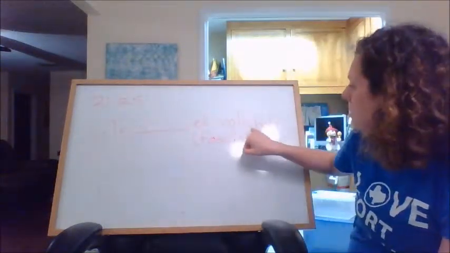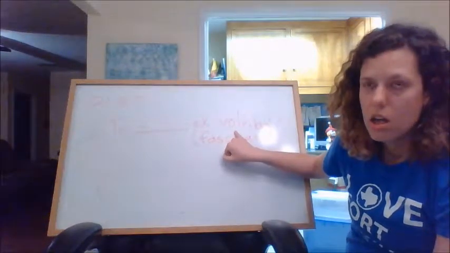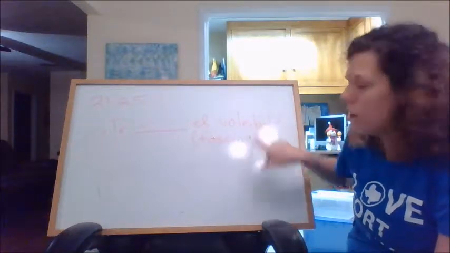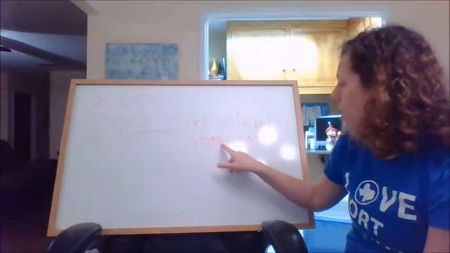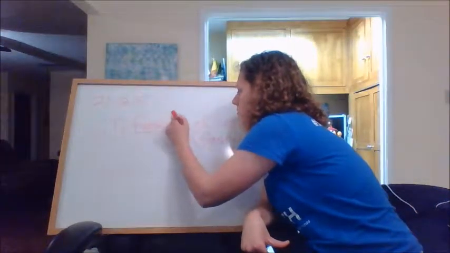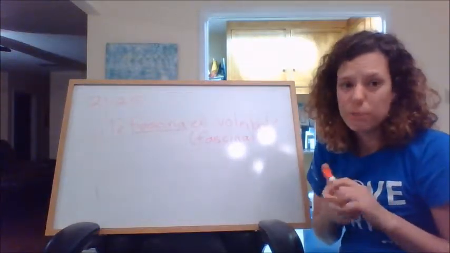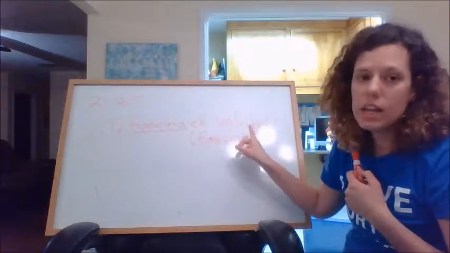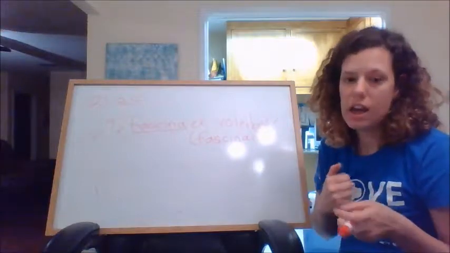Since this is the subject, the verb has to match the subject in singularity or plurality. So el voleibol is singular, so our answer has to be fascina. Okay? And that's all you have to do. If I said something like los deportes, that's plural, so then your answer would be fascinan.